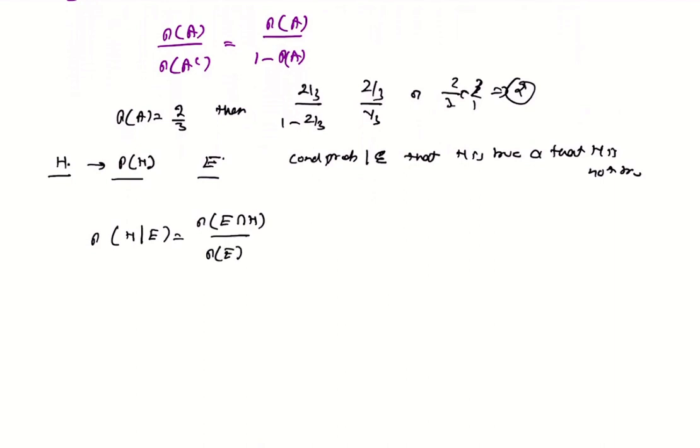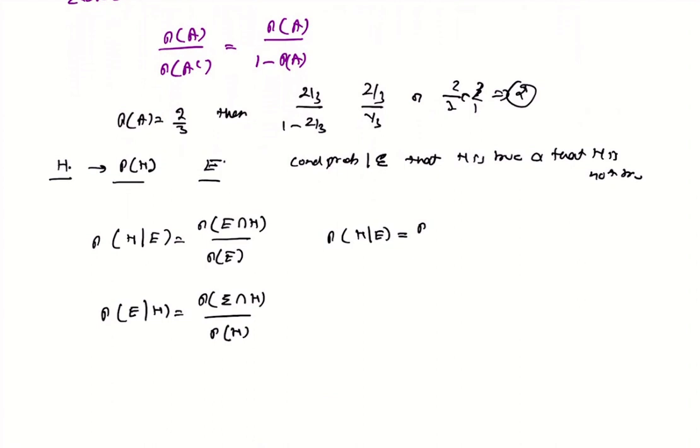But the probability of evidence given the hypothesis is the probability of evidence and hypothesis divided by the probability of hypothesis.